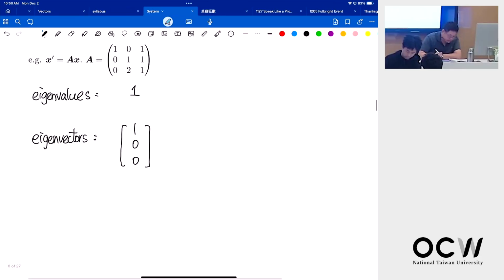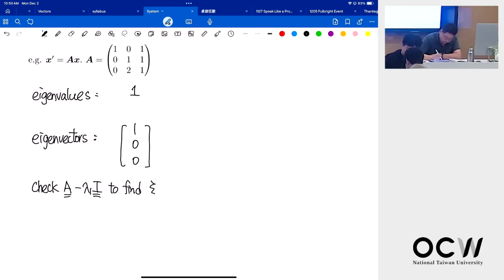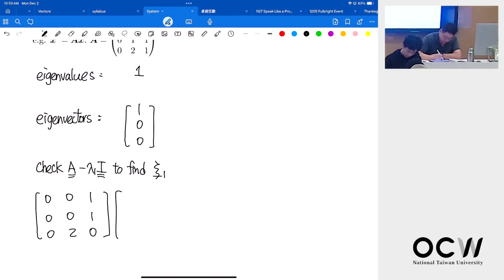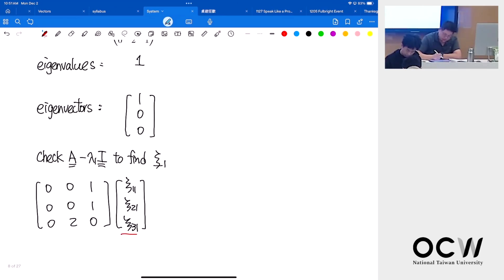First, we can check the eigenvalue 1. So A minus lambda 1 I, to find the eigenvector: we have the matrix with rows 0, 0, 0, 0, 0, 2, 1, 1, 0, times the eigenvector c1, c2, c3, which should equal the 0 vector.